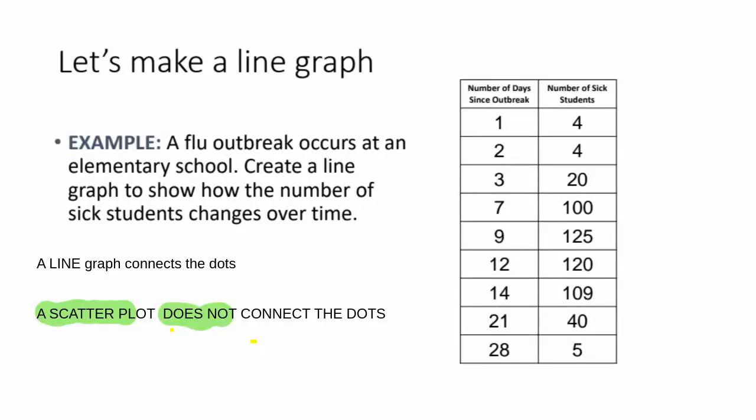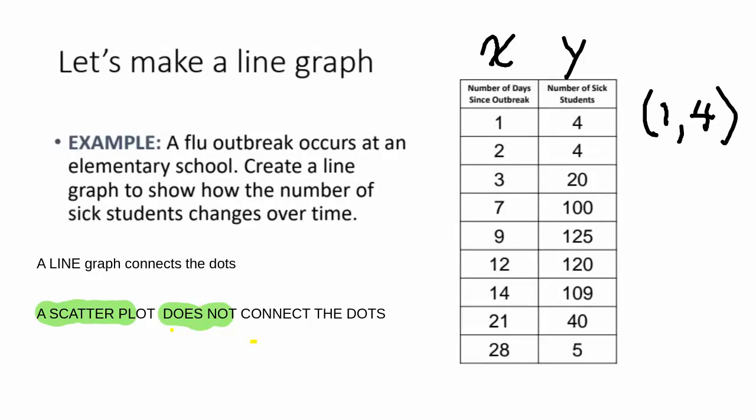Now, if you look at this table, I have 2 columns. Now, just like anything in English, we read from left to right, which means that this first column is going to be our X numbers. The second column is our Y values. So even though it's written in a chart, I want to consider an ordered pair of 1, 4.